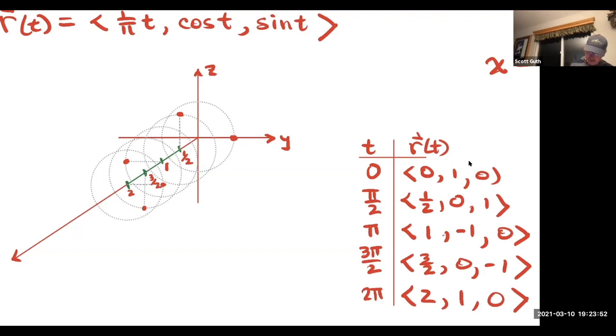This is basically a spring shape. So I'm going to do my best. Something like that. Okay, that didn't work.